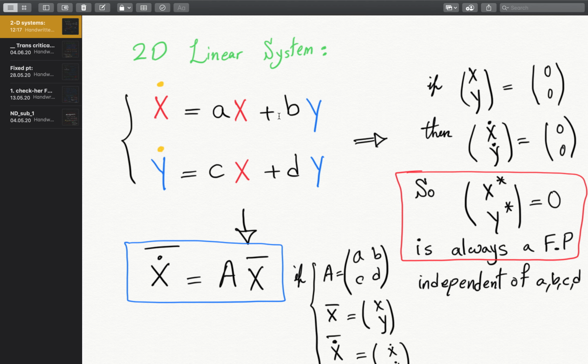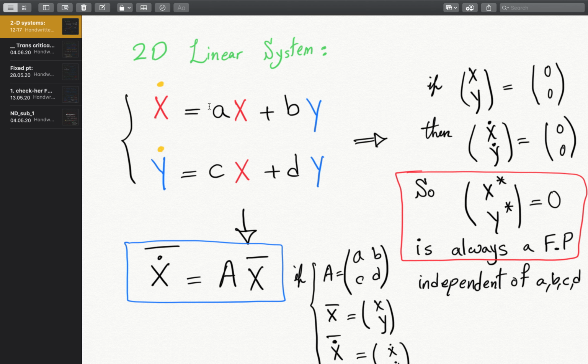We call it linear because all of the terms are just first order. We do not have, for instance, x squared, y squared, or x times y. We don't have a function like e to the power x or whatever. We just have x and y, and these a and b are constants.